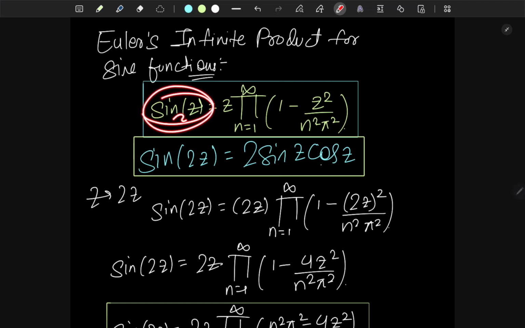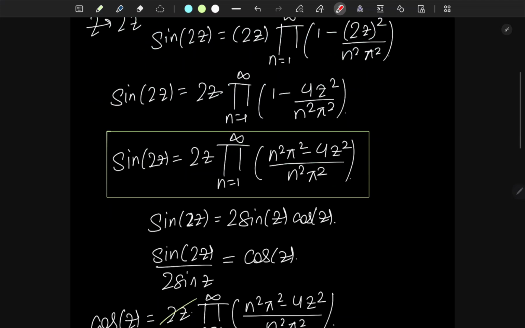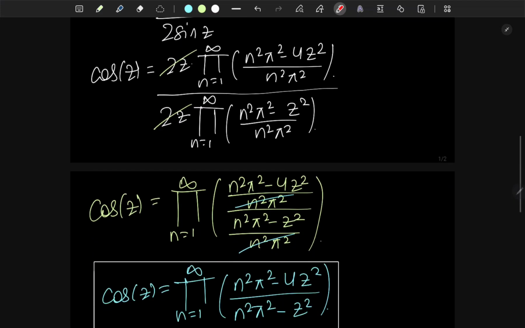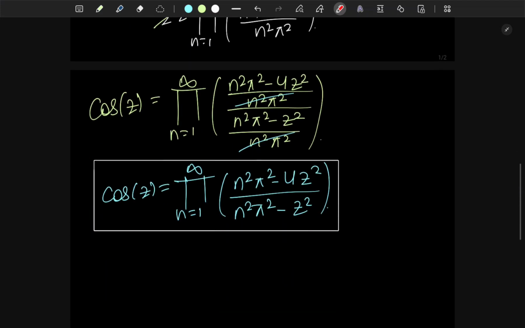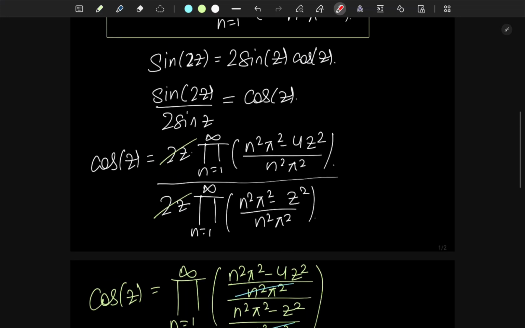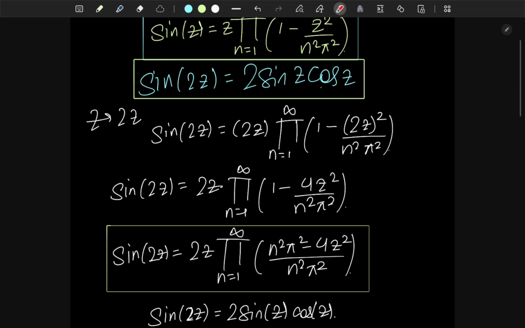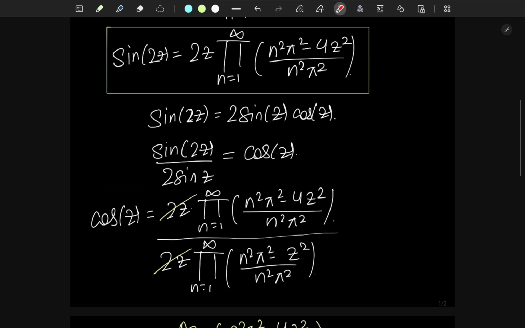The first one is for the infinite series, the infinite product for this one, and the second one is the expansion of the double angle. It's pretty easy to prove this. It's not the shortest video because I have explained everything in detail, but indeed it was very easy to prove, right?